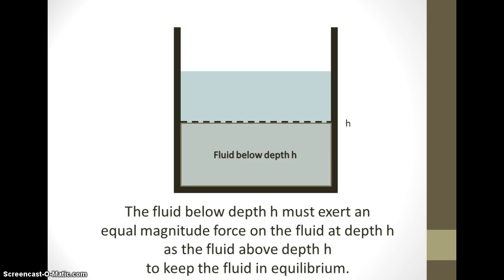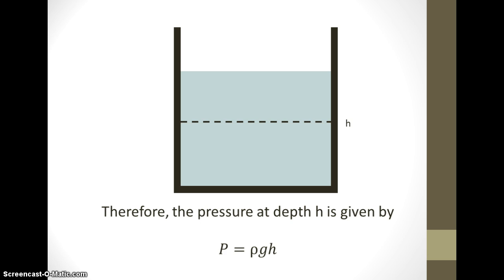We did say that the fluid below depth h must exert an equal magnitude force on the fluid at depth h as the fluid above depth h to keep the fluid in equilibrium. So because those are equal in magnitude, we can just say that the pressure at depth h is given by rho g h, which is the density of the fluid times g times the depth, in this case h.